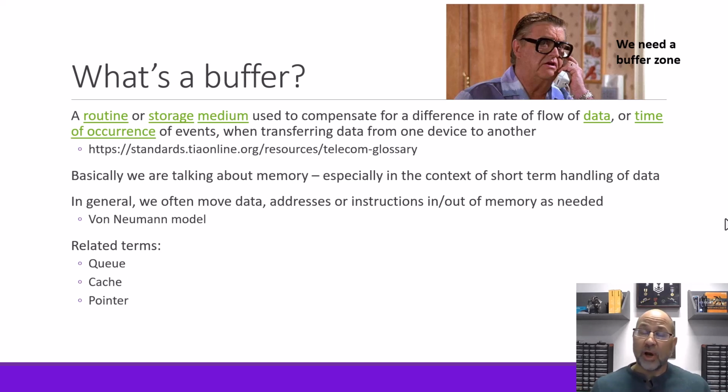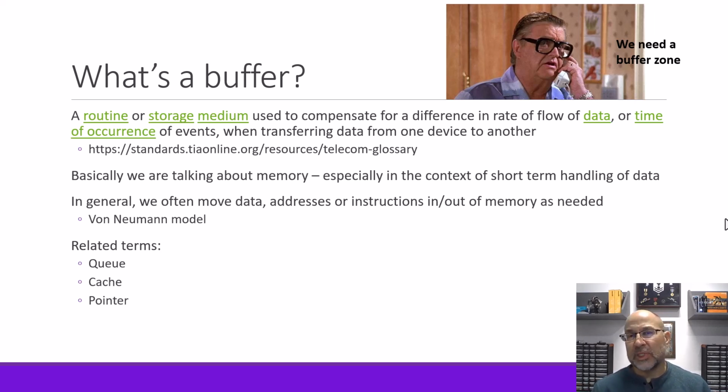When it's flowing across a network, it goes into a router and then out of a router. If we drill down, it goes into a particular interface, and that interface has memory. Memory is allocated in both the incoming and outgoing directions, and every single port has that. So we have memory all over the place, and a buffer is used to handle variations or problems associated with moving data around.